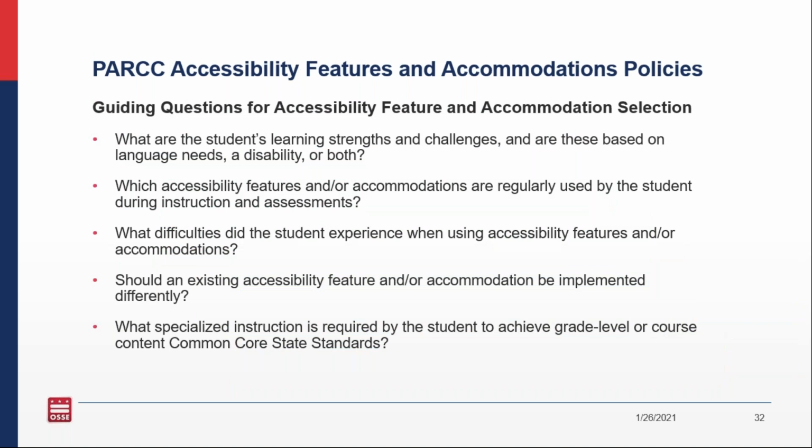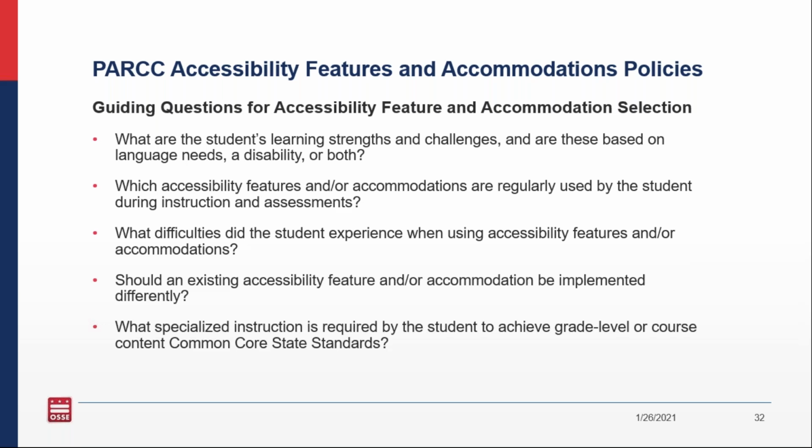So, some guiding questions for accessibility feature and accommodation selection. IEP teams, when meeting, can ask these guiding questions before identifying what accommodation or accessibility features can be used on the statewide assessment. What are the students' learning strengths and challenges, and are these based on language needs, disability, or both?